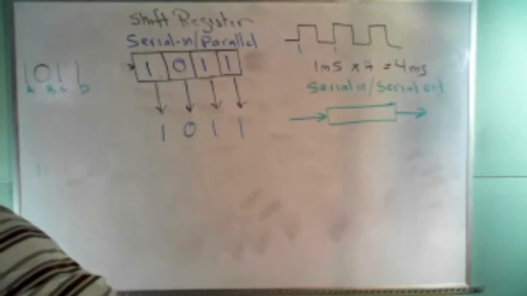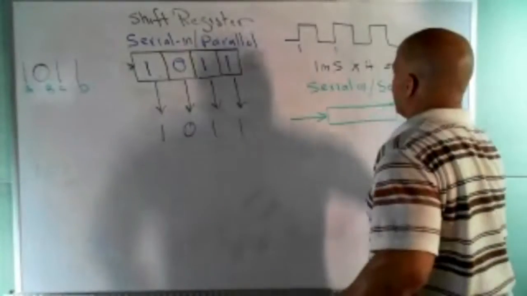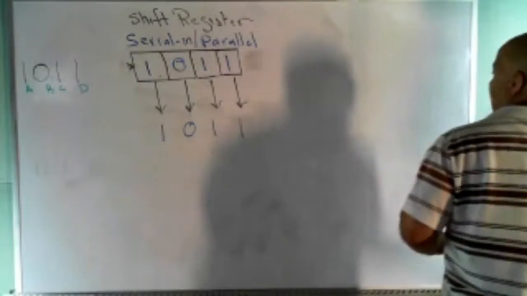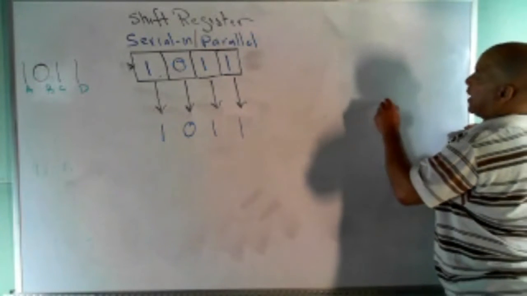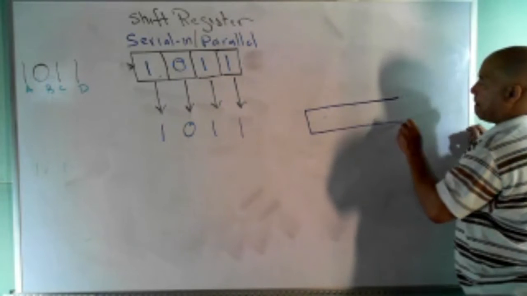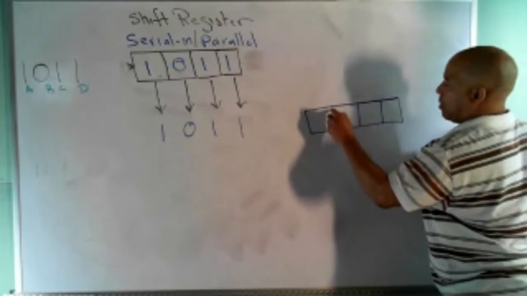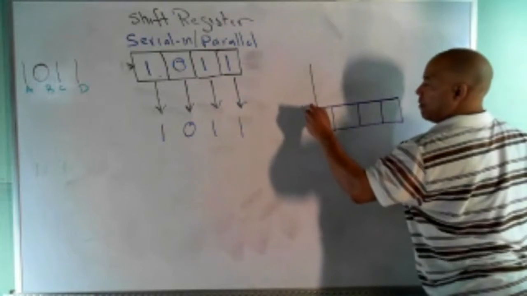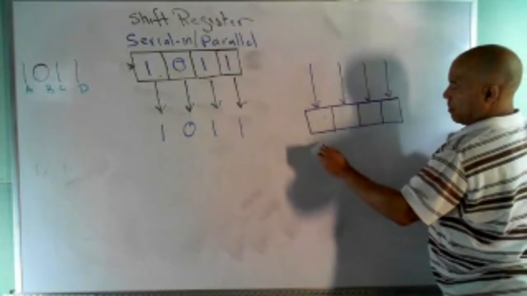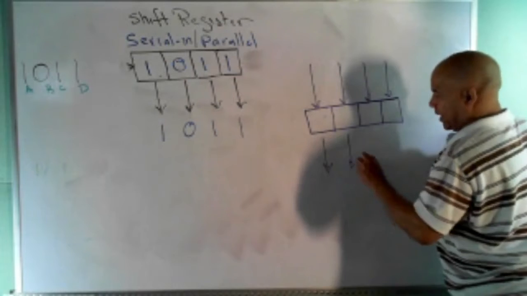And of course, to finish this, we could have this. There's no reason why I couldn't design a chip or device this way, where I have several lines coming in and several lines coming out.